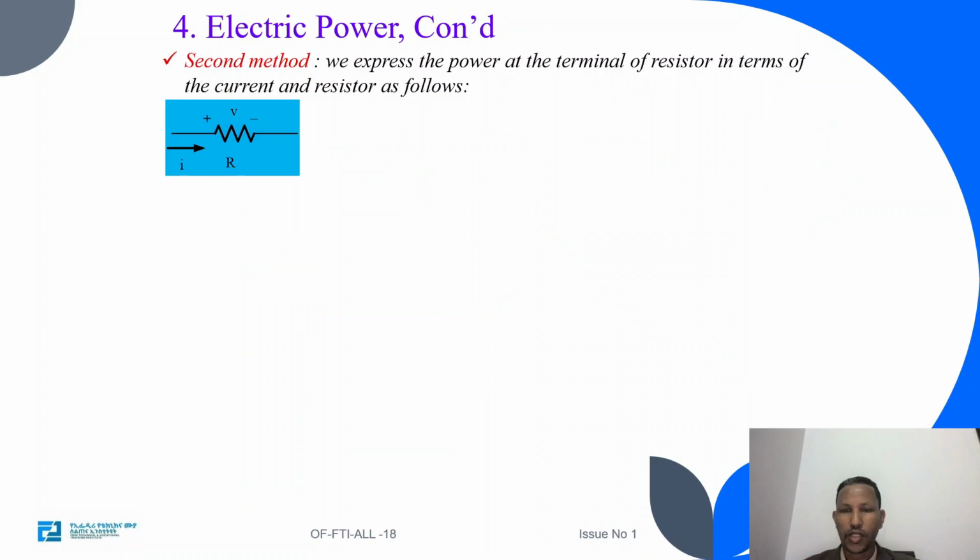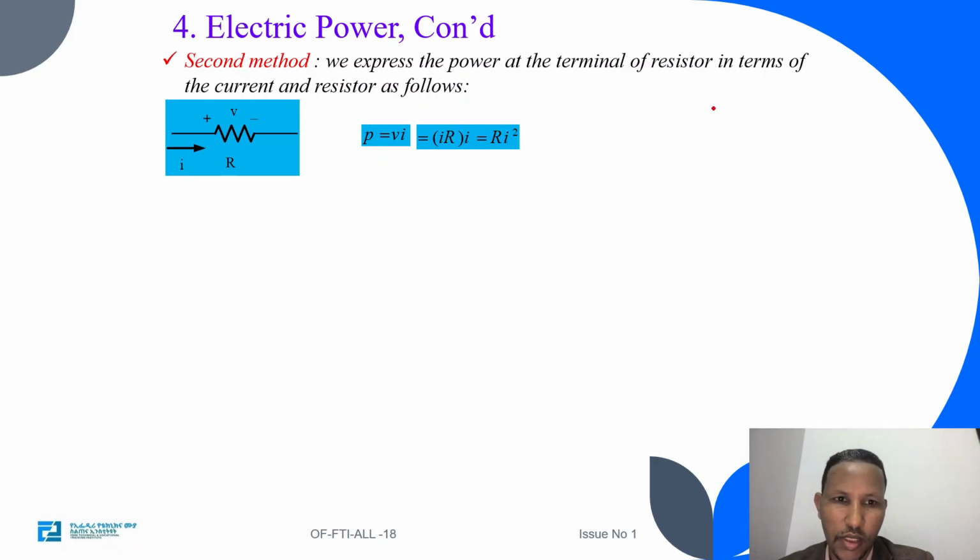For the second method, we use the passive sign convention, but in another way, we can express the voltage using current times resistor. We know that voltage is given by current times resistor.